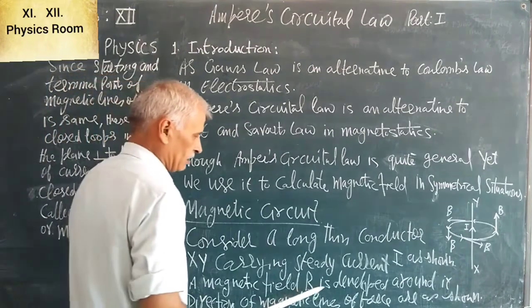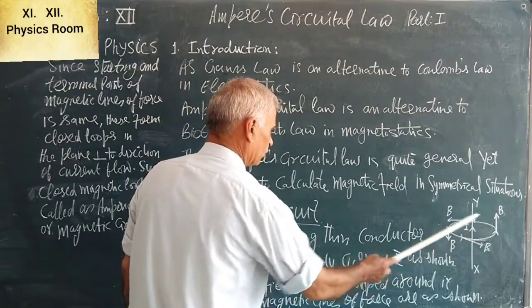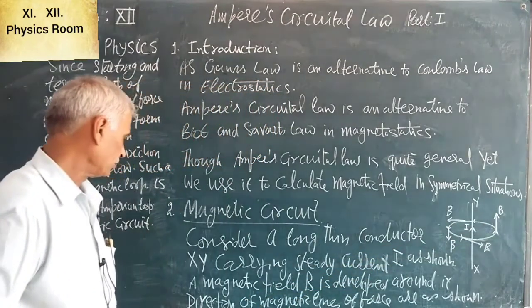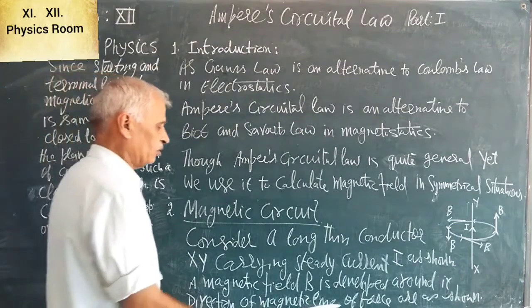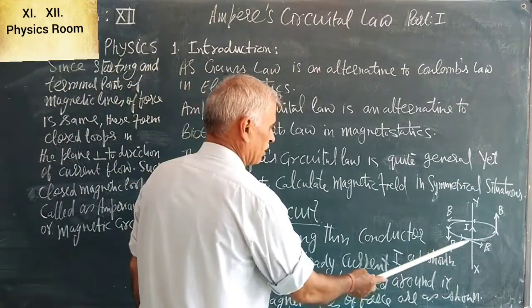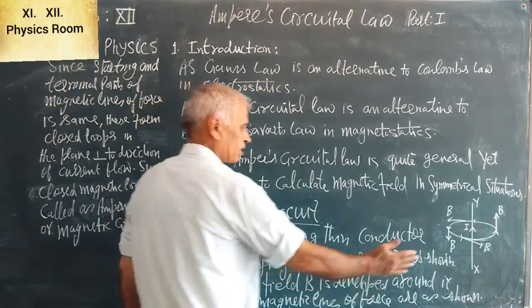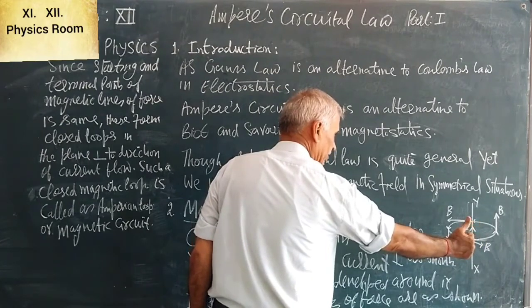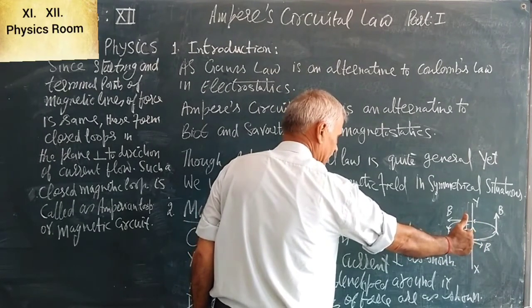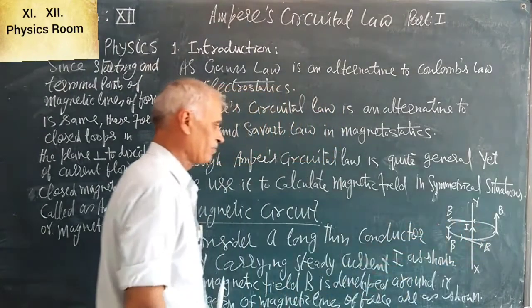So, this is a magnetic field B along the tangent to this magnetic loop. And direction of magnetic lines of force is given by right hand grip rule. If you hold the conductor in your right hand palm and thumb indicates direction of flow of current, then fingers indicate direction of magnetic lines of force.